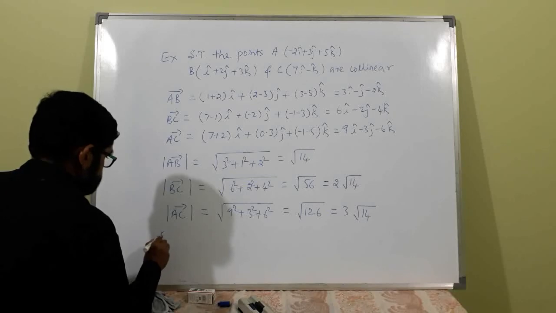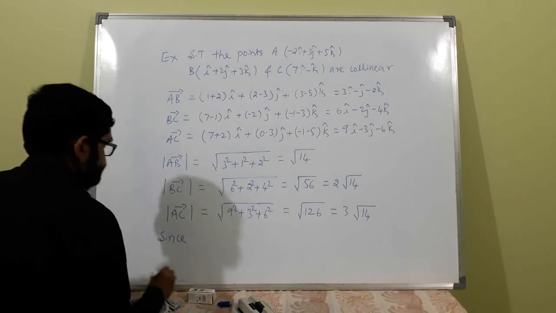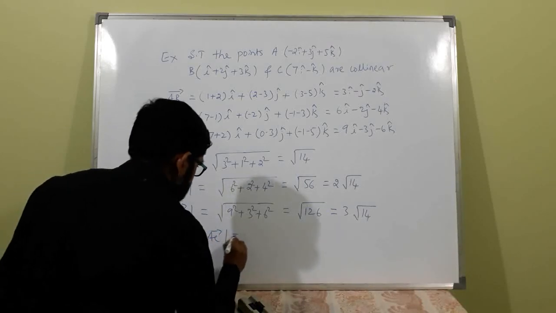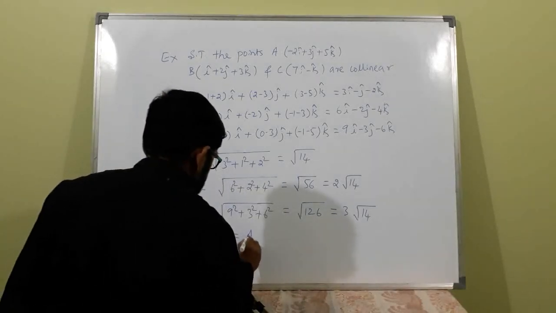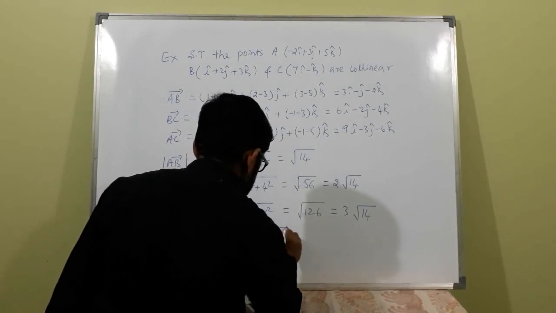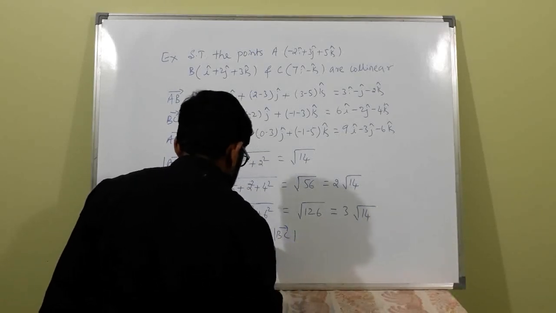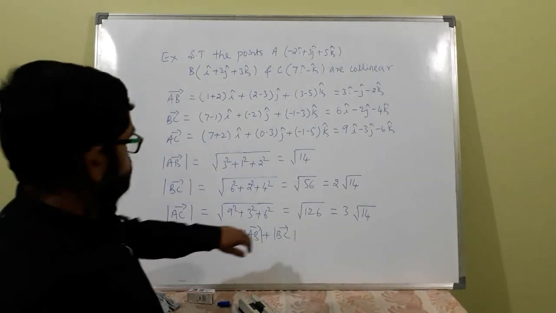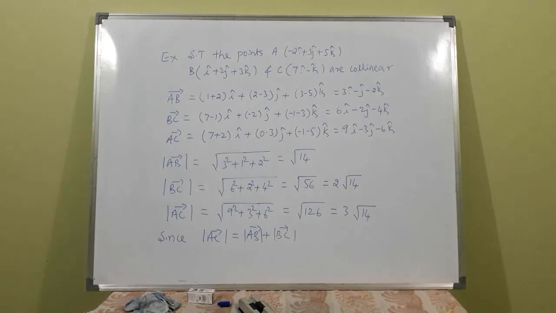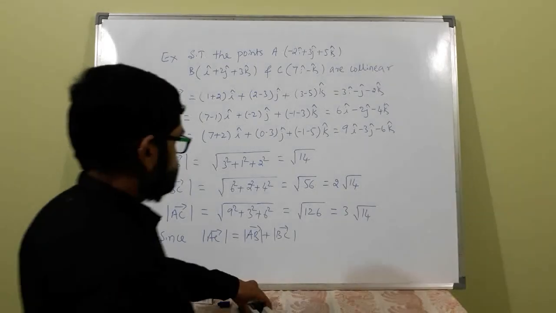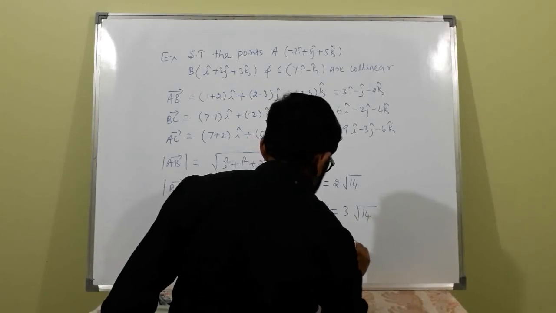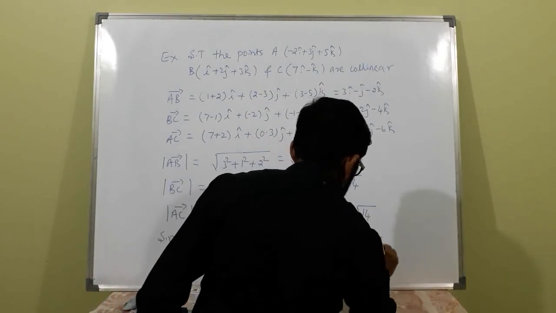Since AC is equal to AB plus BC, the third side is the sum of these two, so the points A, B, C are collinear.